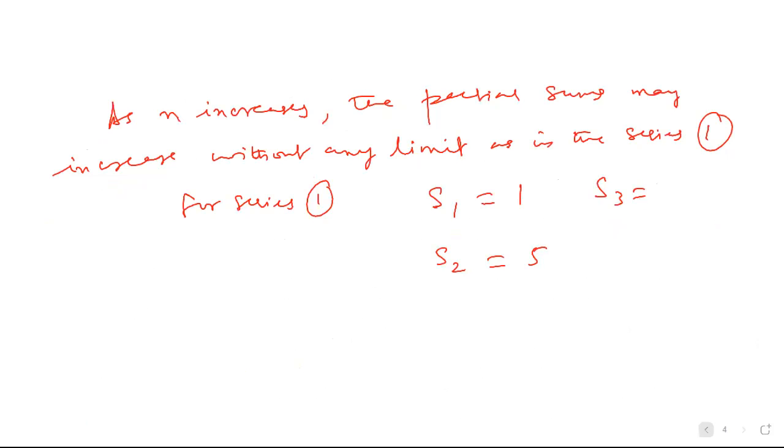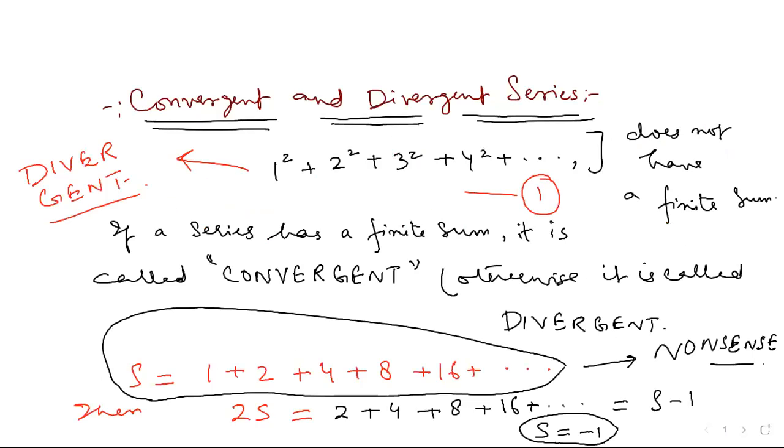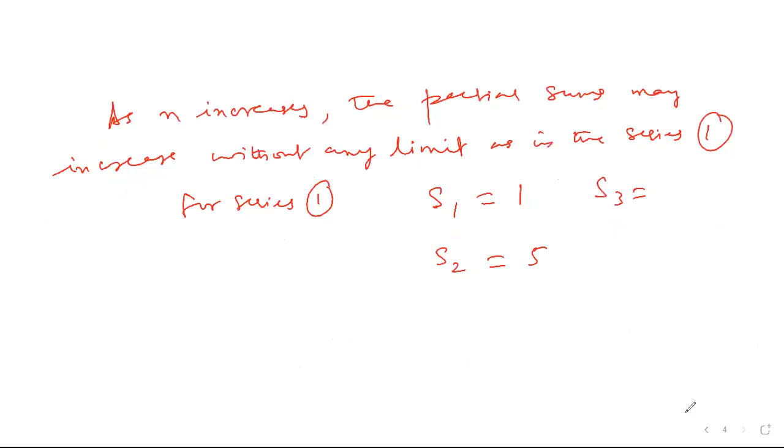It is 1 square plus 2 square plus 3 square, 1 plus 4 plus 9, that is 5 plus 9, that is 14. And check it: 1 square plus 2 square is 4 plus 1, 5, and 1 square plus 2 square plus 3 square, 9 plus 4 plus 1 is 14.